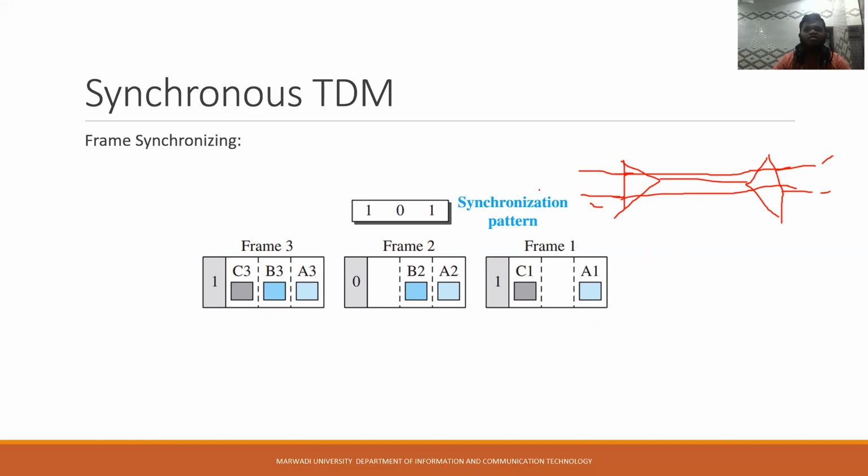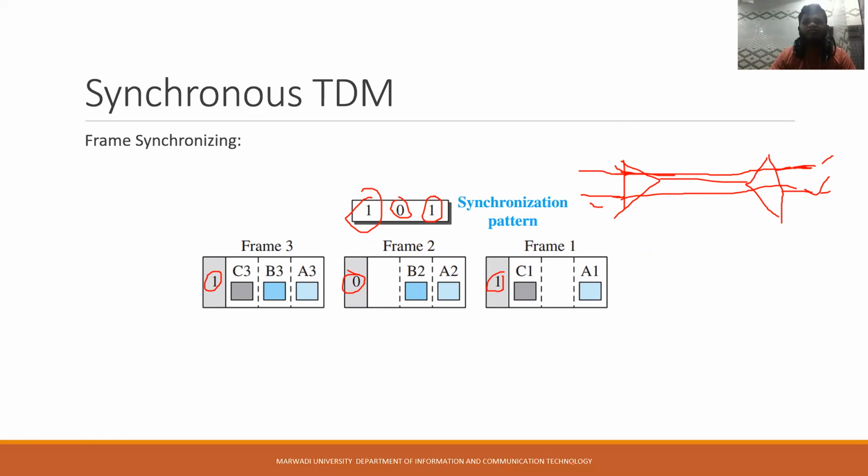So we are having synchronization bits. These bits are added to the frame. So each frame is having one extra bit along with the data bits. That bit is called a synchronization bit. And with the help of these synchronization bits, the frames would be in sync. This would not go out of sync and go to here. It would be in sync, and at the receiver side it would be received where it is supposed to be received.